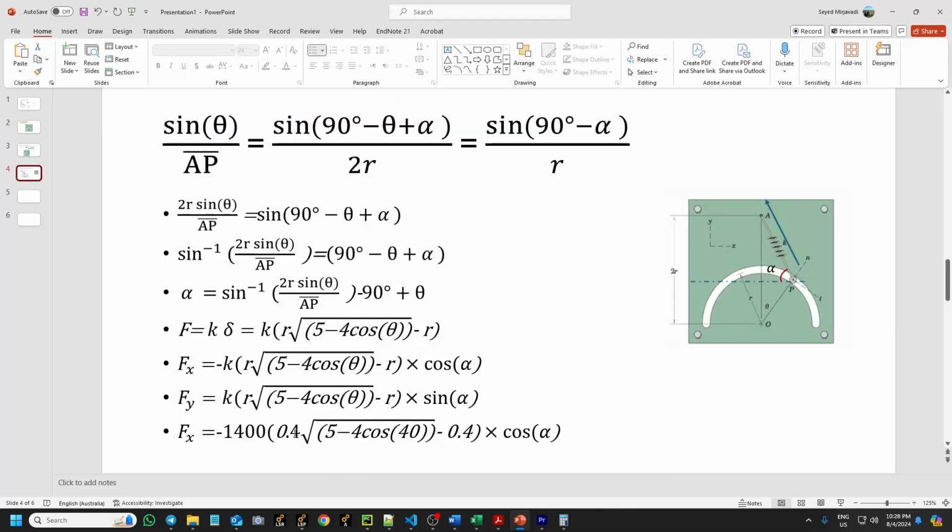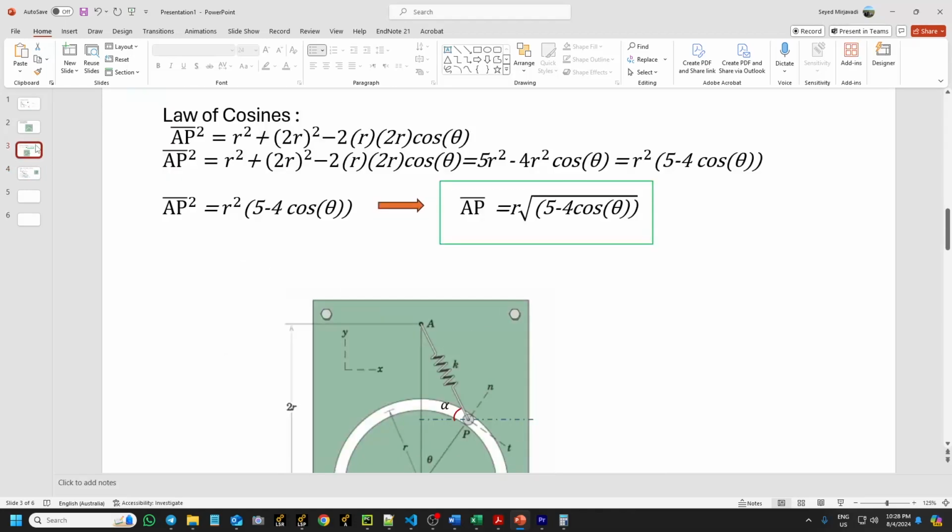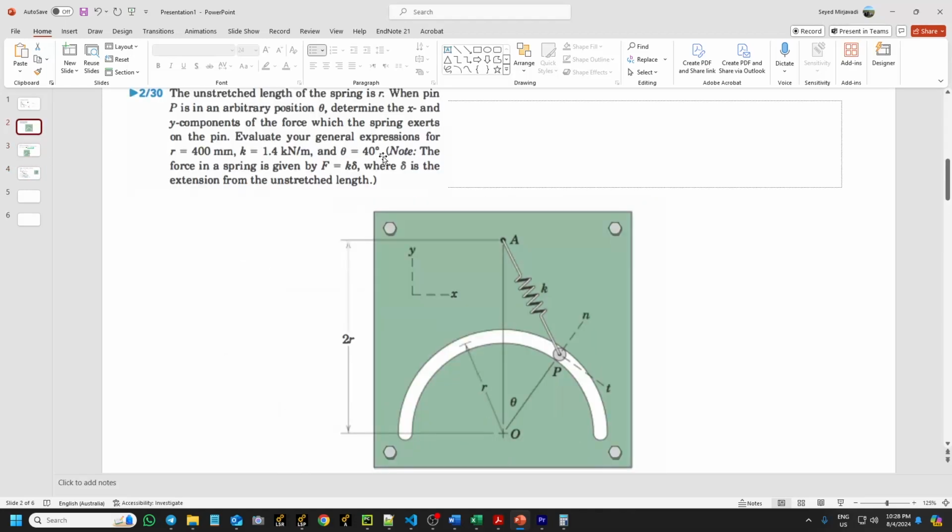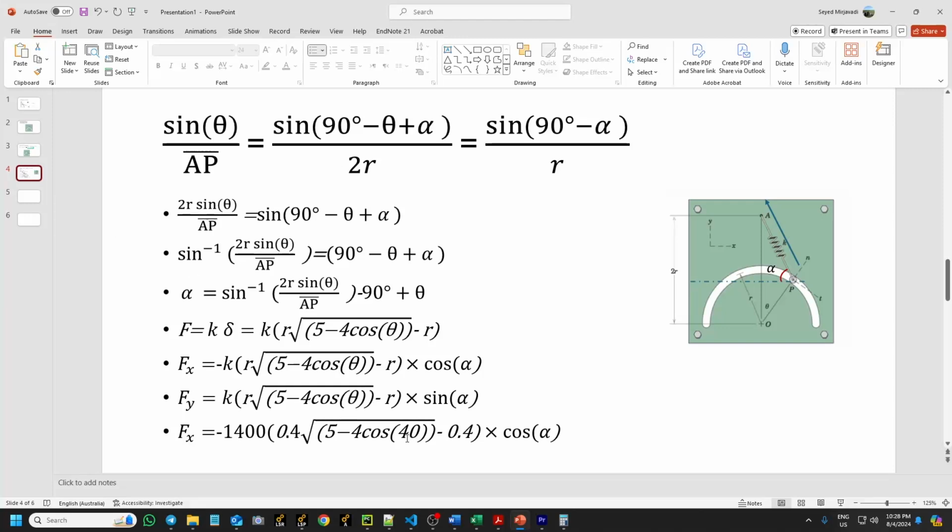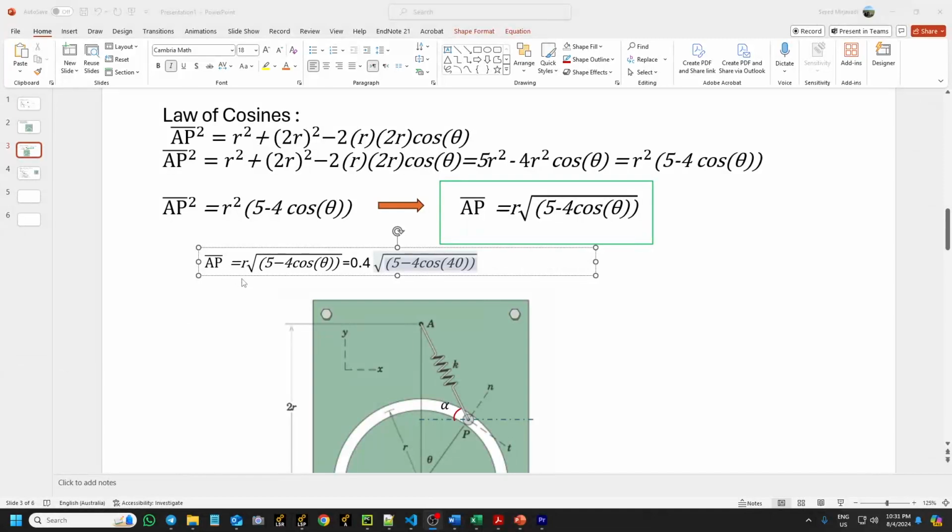So you will put SI units here, and the angle is 40 degrees. But we don't know the amount of alpha. Here we will obtain the AP bar, and we have theta as 40 degrees. Okay, now first find the AP bar.